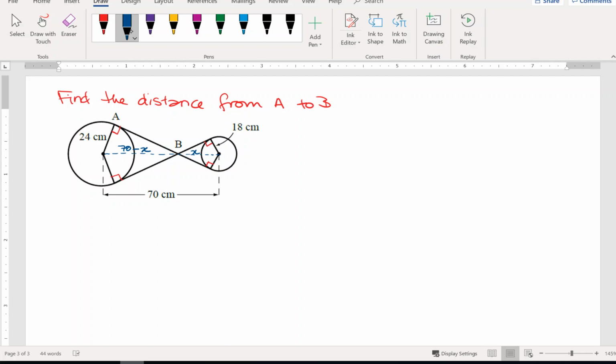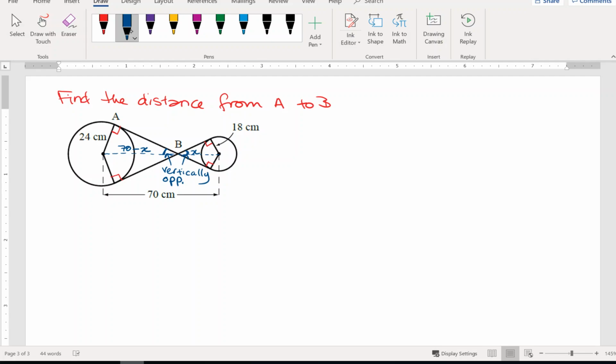Now let's take a look at these angles here. We know that these are opposite angles, and these angles must be equal. So these two angles here, because they are vertically opposite, are equal to each other.